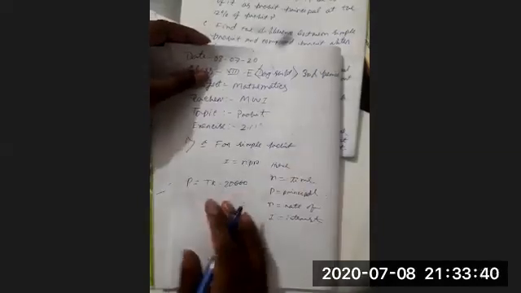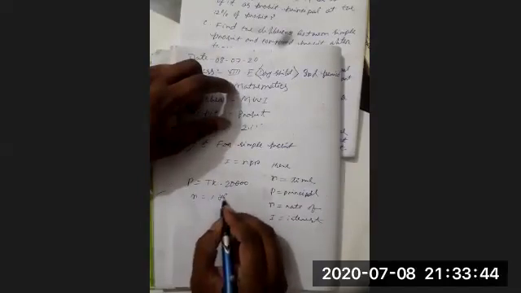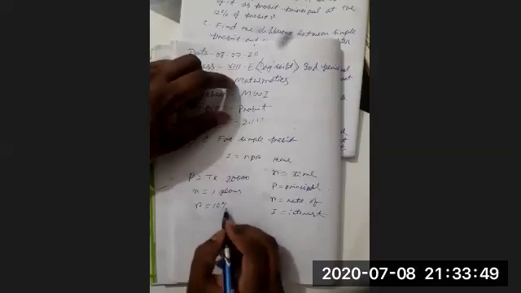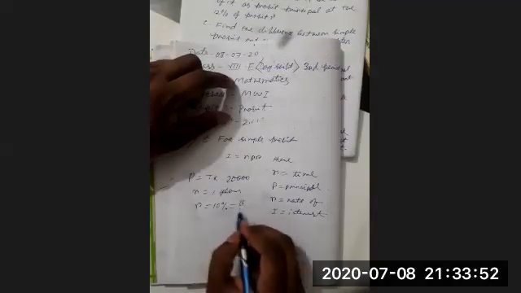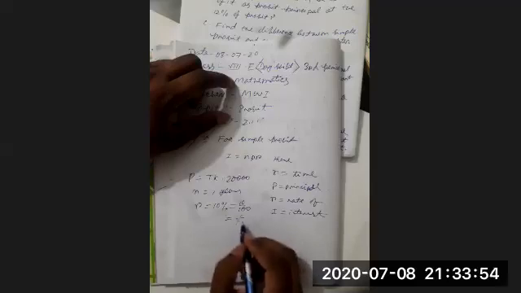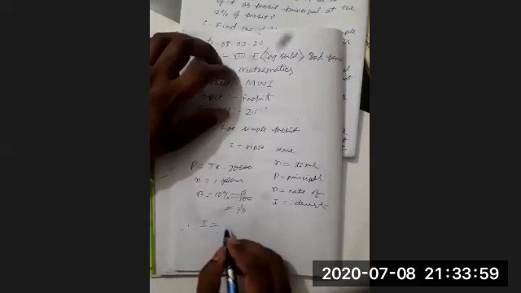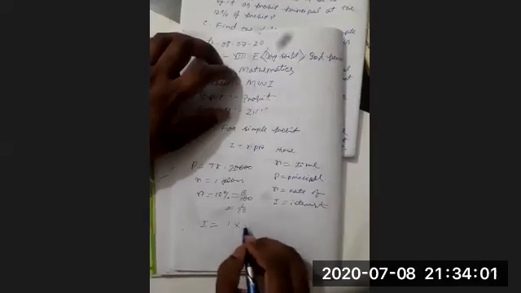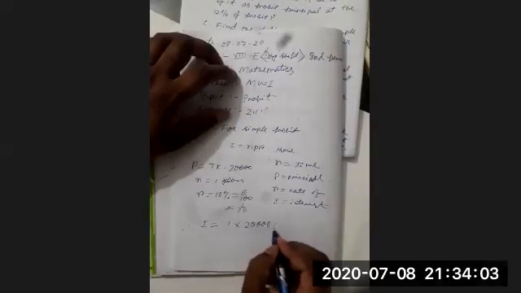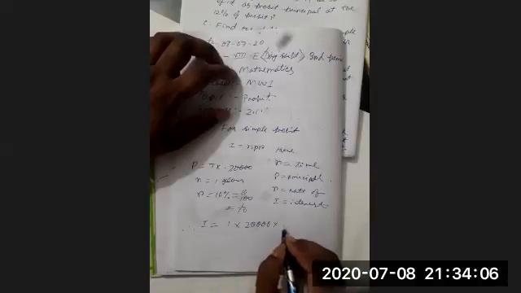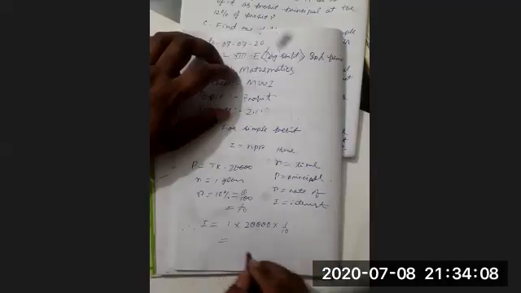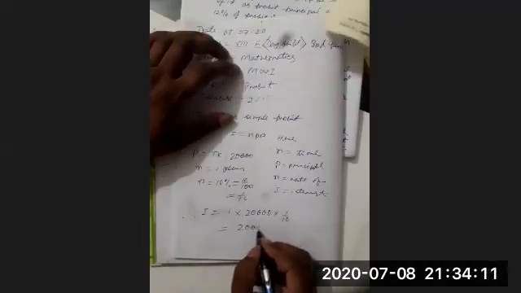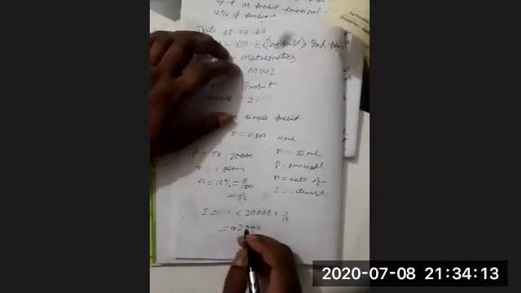P equal 20,000, n equal 1 year, and R equal 10%, meaning 10 by 100 equal 1 by 10. So I equal NPR, where n means 1, P means 20,000 and R means 1 by 10, equal 2,000 taka. That is our interest.